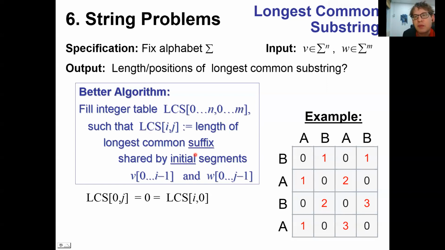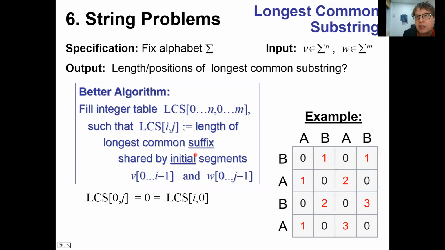The popular way of filling a table algorithmically is by first filling the top row, then filling the left column, and then gradually moving our way inside the table. This is kind of like Pascal's triangle, right?